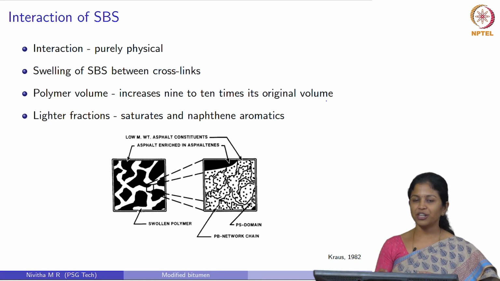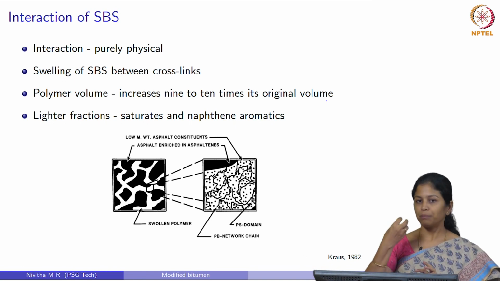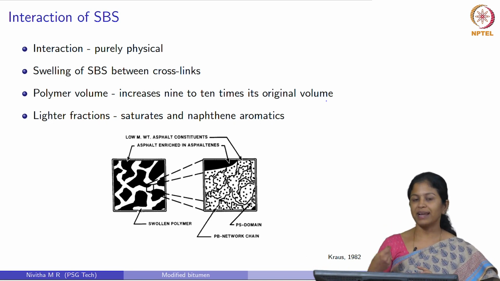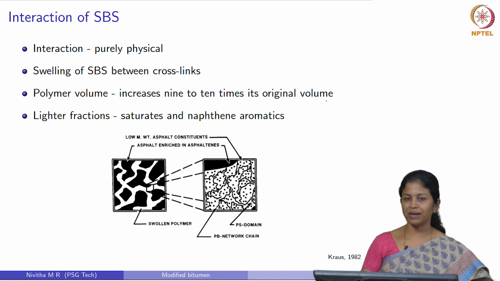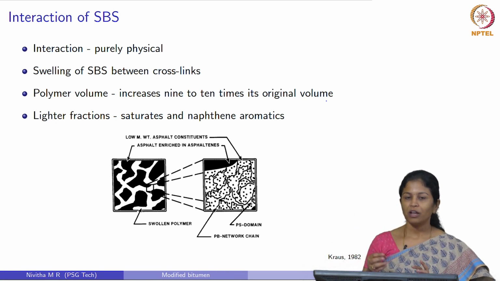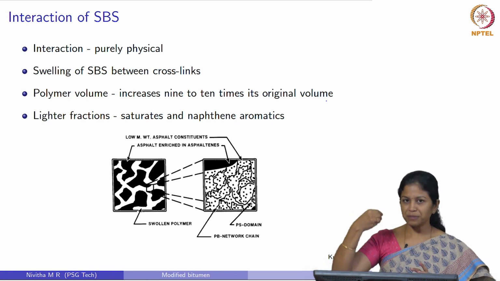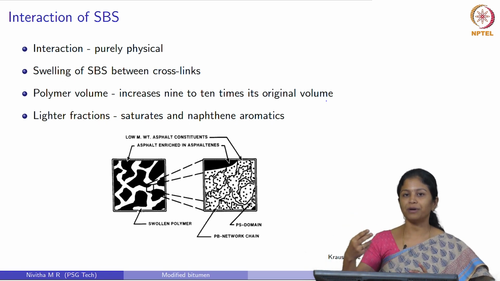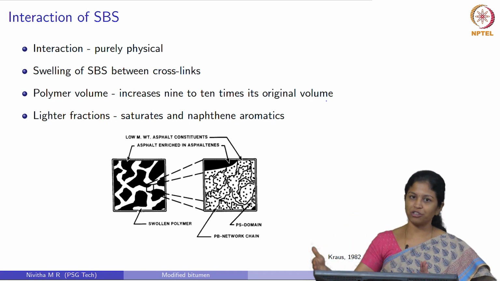So, this interaction here is purely physical. We have already defined what a physical interaction is. The polymer absorbs the lighter fractions present in bitumen and swells in volume. The swelling here is of the order of 9 to 10 times its original volume. So, the modifier absorbs the lighter fractions and can swell 9 to 10 times its original volume.